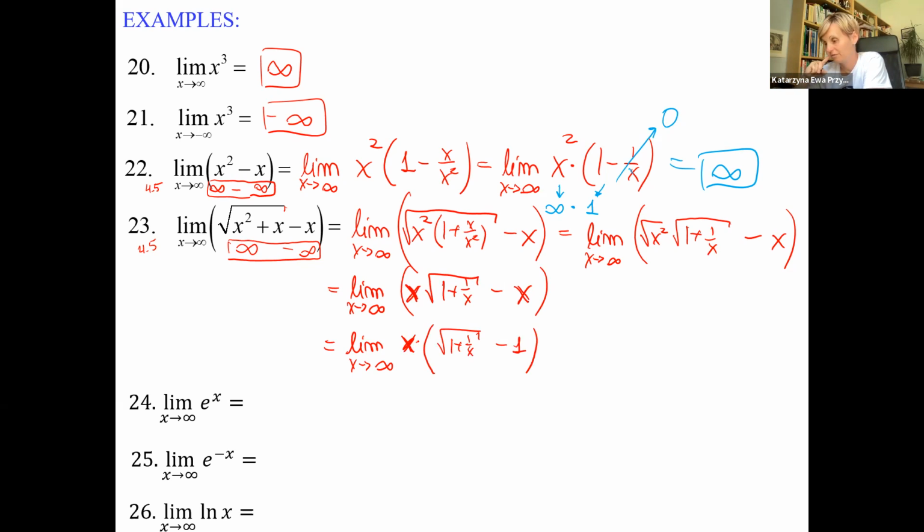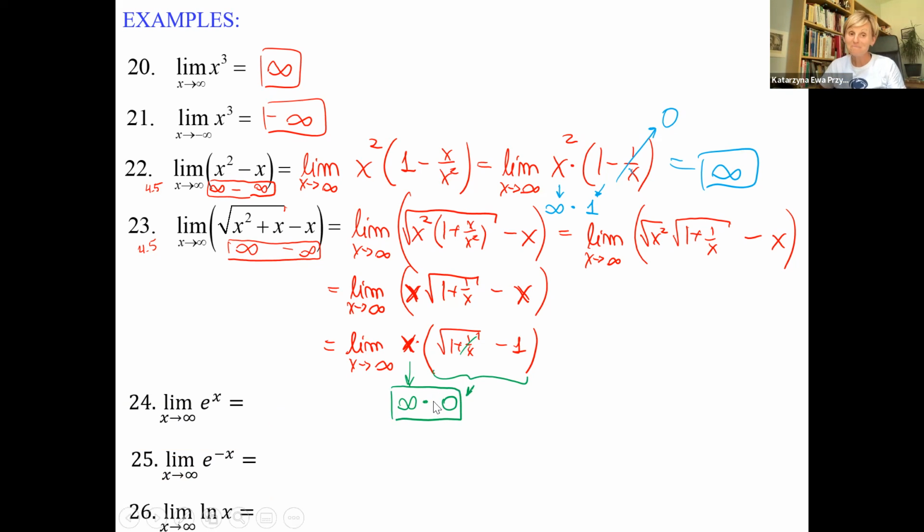But what we have, this is infinity, because x goes to infinity. 1 over x goes to 0, the square root of 1 is 1. 1 minus 1, actually, this is 0. I just like to indicate everything clearly for my students.